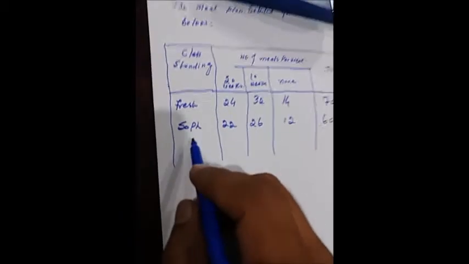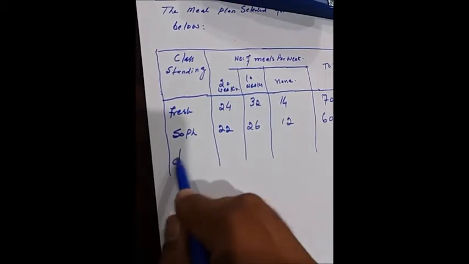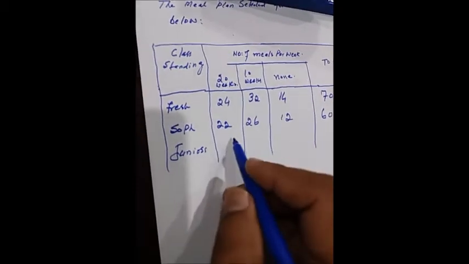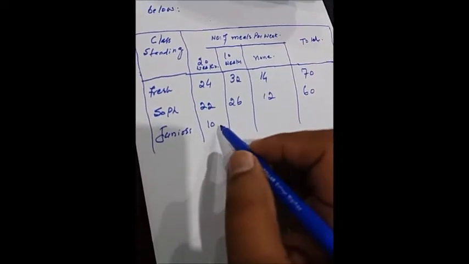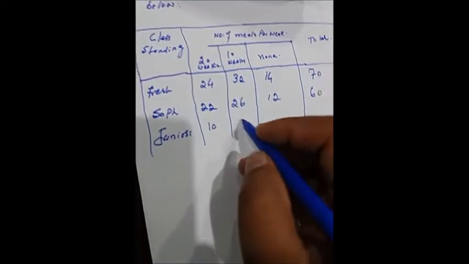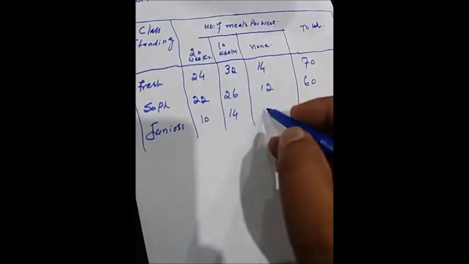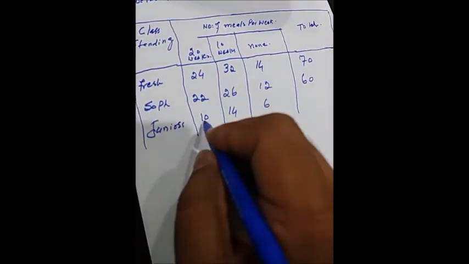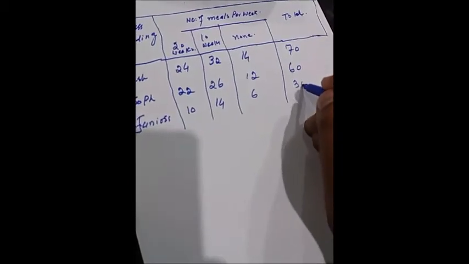And juniors: 10 meals per week for 20 weeks, 14 for 10 weeks, and 6 for none. Total 14, 10 and 6 is 30.